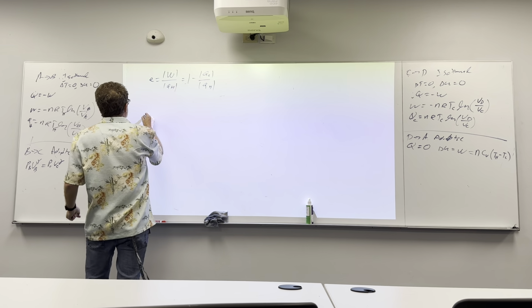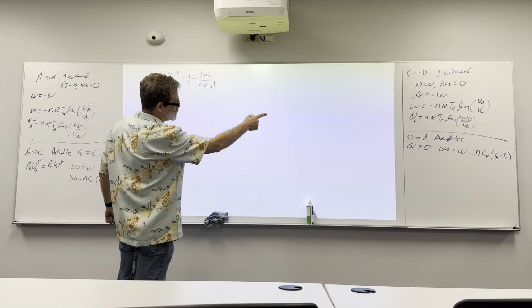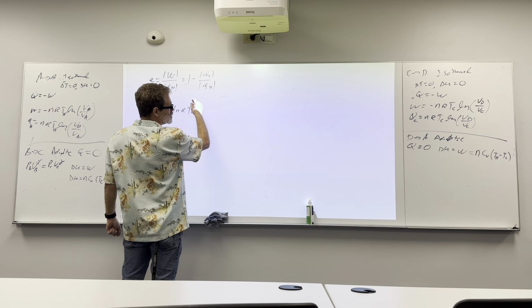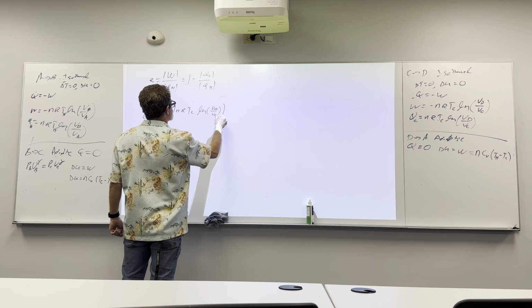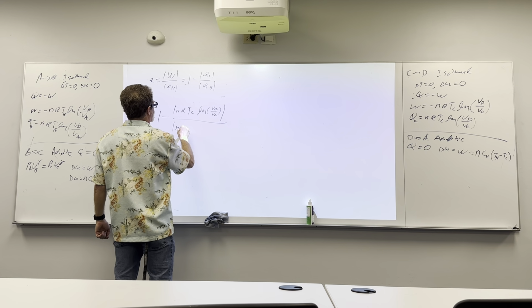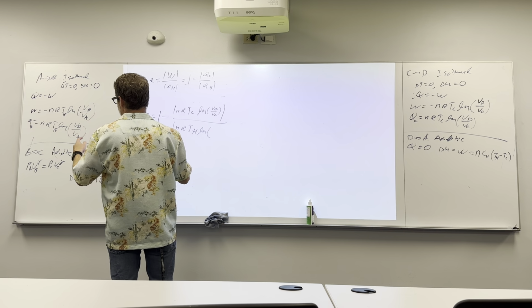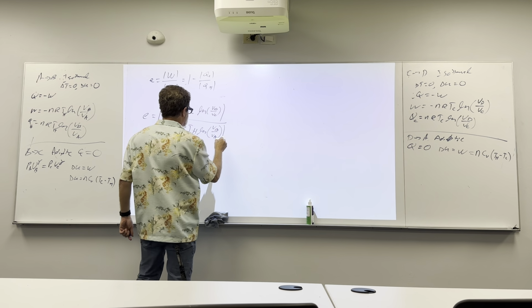So we'll do that. E equals 1 minus the absolute value of Q_C, so nRT_C ln(V_D over V_C), divided by nRT_H ln(V_B over V_A).